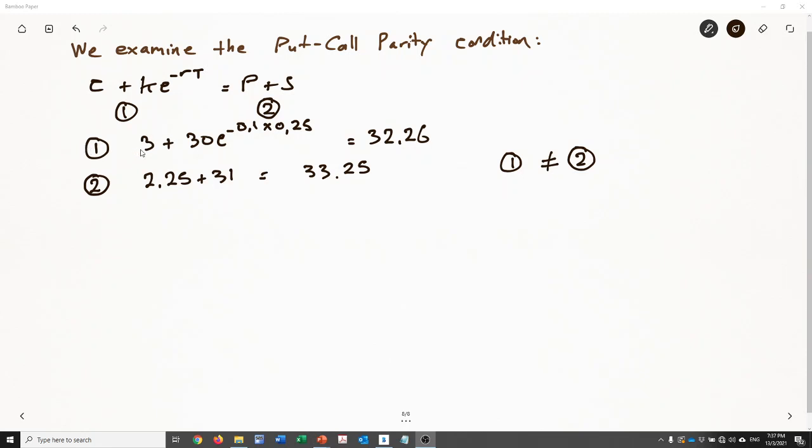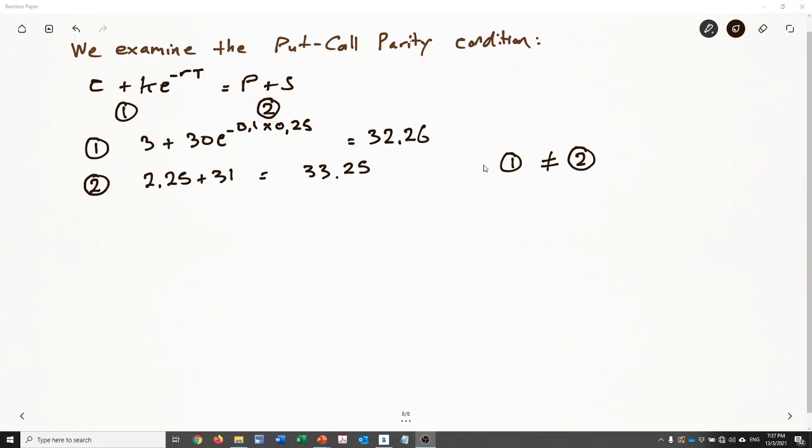So number 1, the price of the call plus the present value of the strike price, we will get 32.26. For number 2, the price of the put plus the price of the underlying stock, we get 33.25, and we can conclude that number 1 does not equal number 2, which means that there is an arbitrage opportunity.